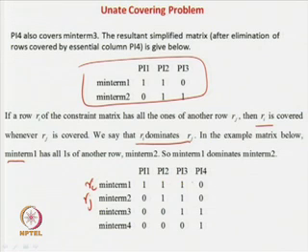In other words, minterm 2, that is Rj in this definition, has a 1 in all the positions where Ri has a 1. Ri can have some more extra ones, that is not a problem, but Rj should have ones in all the positions where Ri has a 1. Then we say that Ri dominates Rj. So, here minterm 1 dominates R2. Now, it is very interesting. So, what will we do now? Ri dominates Rj.